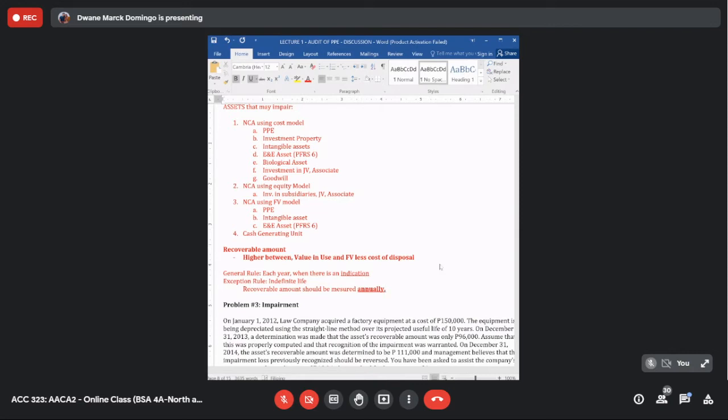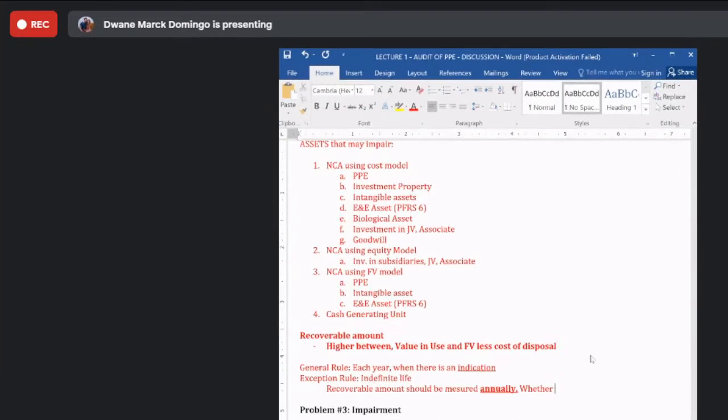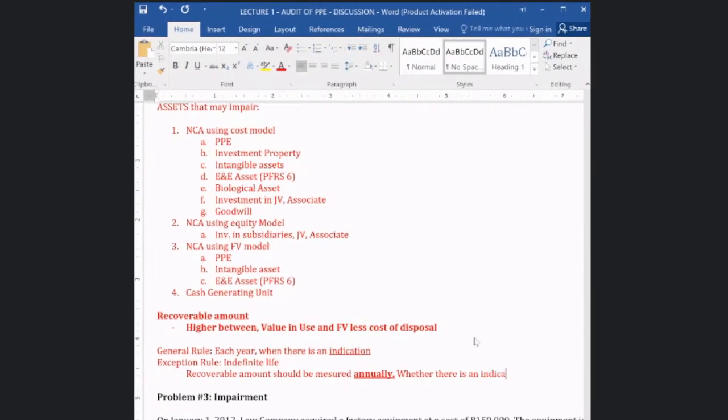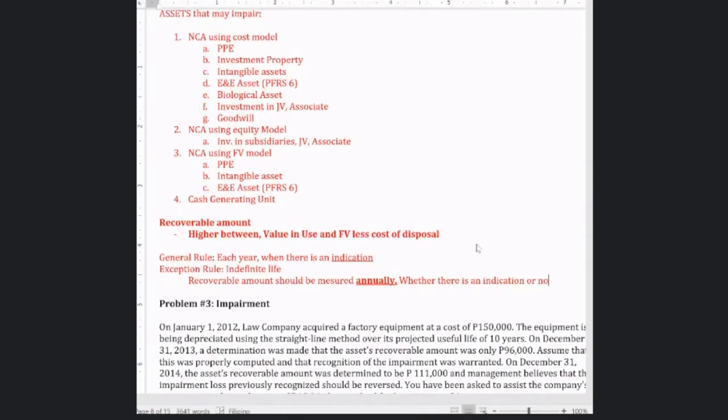Kapag indefinite life yung asset mo, hindi ka makapag-depreciate kasi indefinite life, you need to assess impairment every year. Whether may indication or wala. Lagay ko dito, whether there is an indication or none.